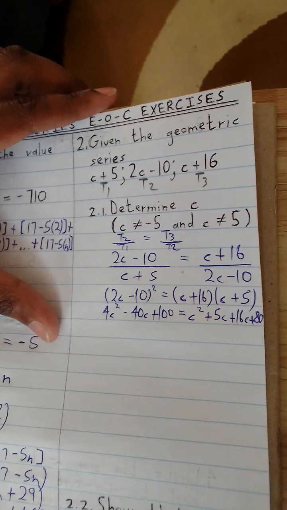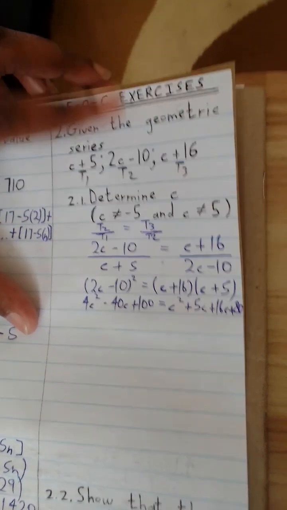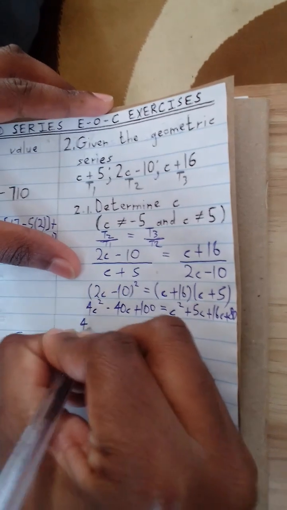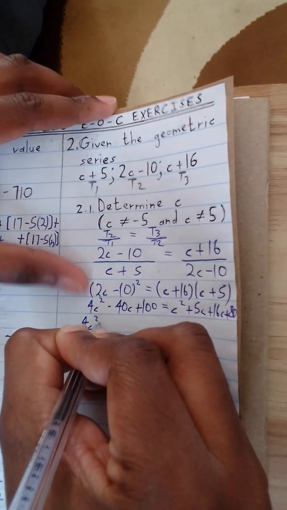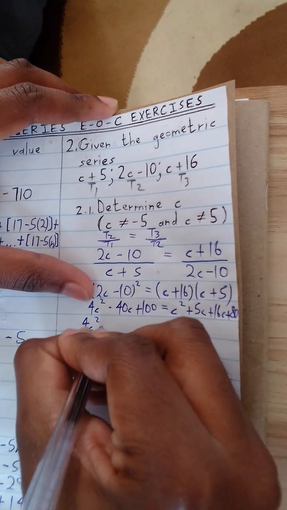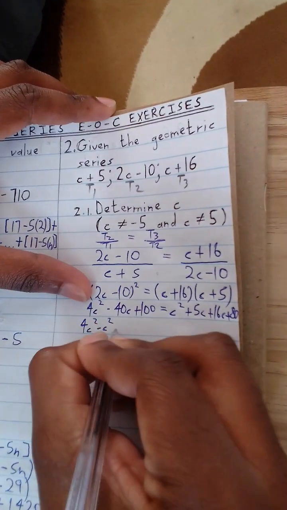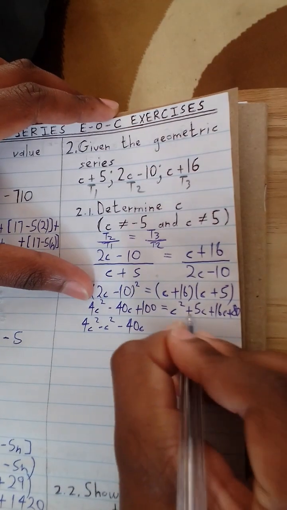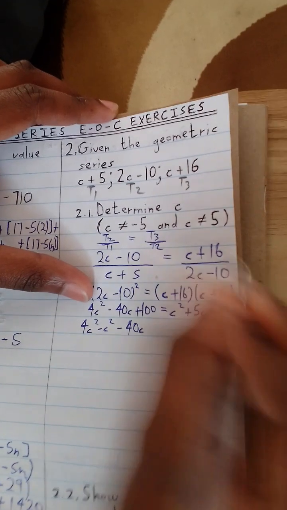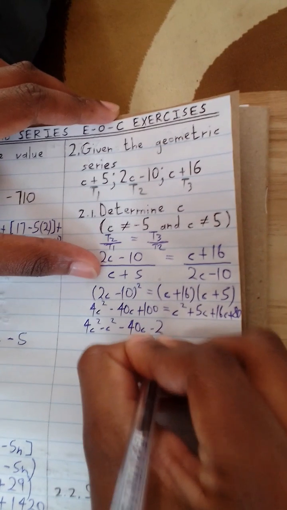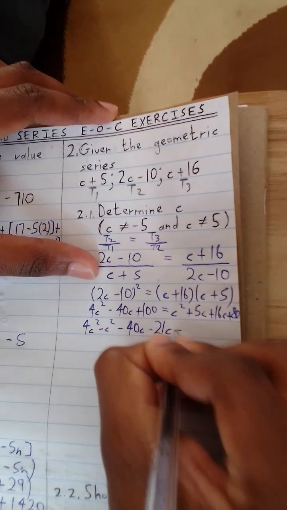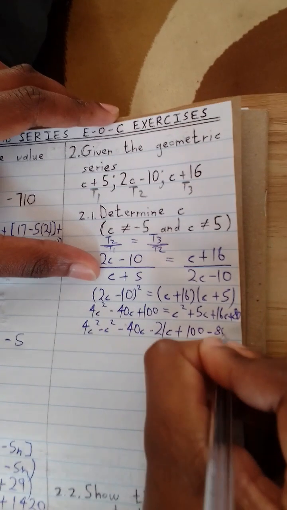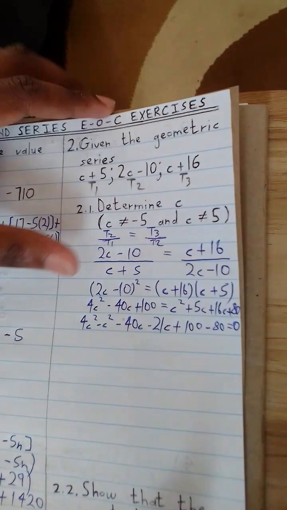Everything goes to the left. So it's going to be 4c squared minus c squared minus 40c, 5c plus 16c is 21c, minus 21c, plus 100 minus 80 is equal to 0.